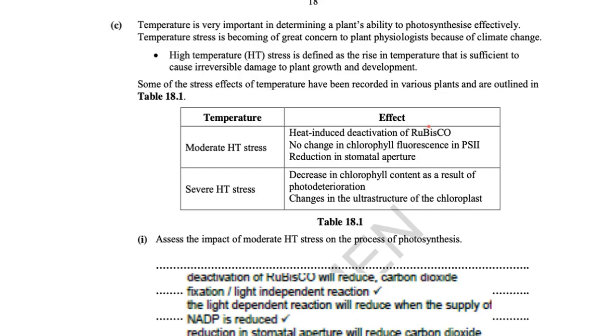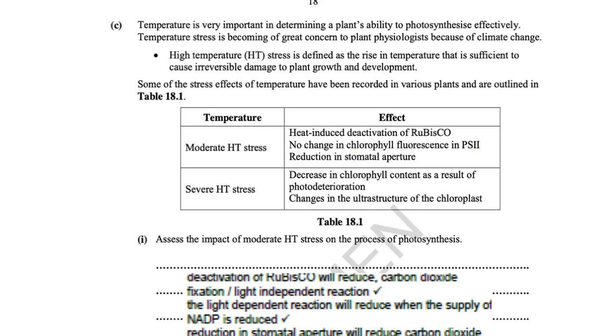So deactivation of rubisco, which is the enzyme in the Calvin cycle, that's caused by an increase in temperature and changing in the bonds that hold together the tertiary structure, the standard sort of enzyme answer for the effect of temperature. However, there's no change in the chlorophyll in photosystem 2.